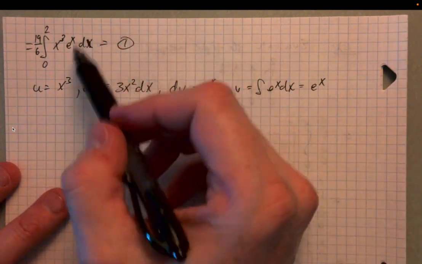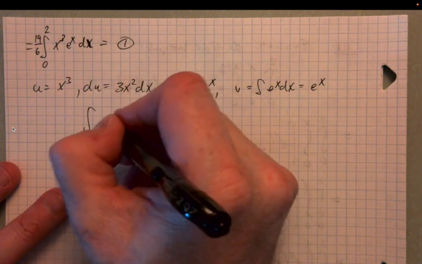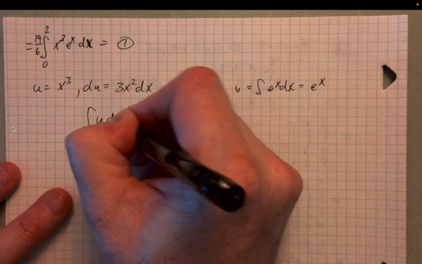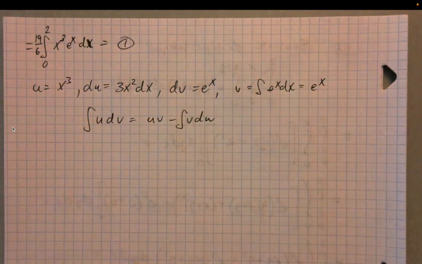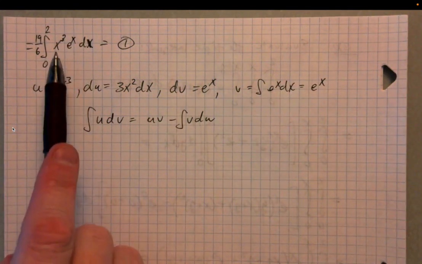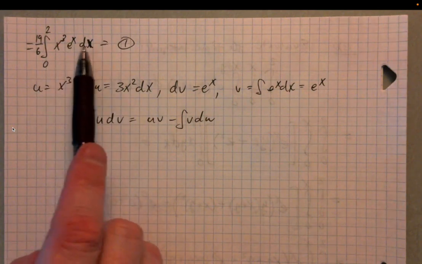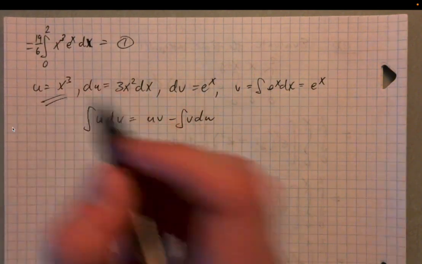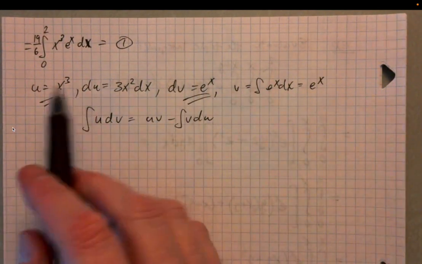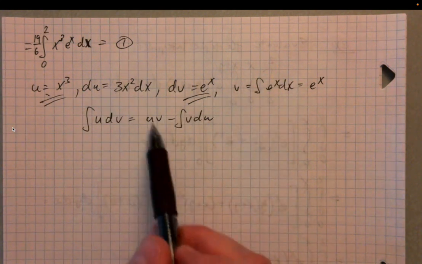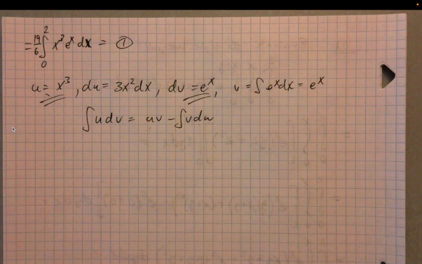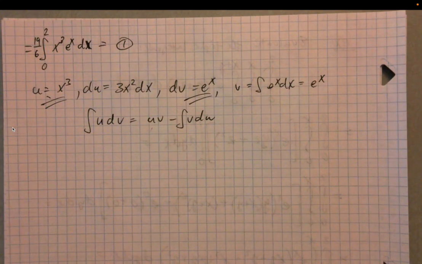So the way this works is the integral of u dv is equal to u times v minus the integral of v du, right? That's kind of the setup. So you want to start by defining a u and a dv, which we have here. And then given the u, you have a du, and given the dv, you have a v, right? And then you can plug it into this form. And you kind of iterate through it until the integral settles down into something that can be evaluated.